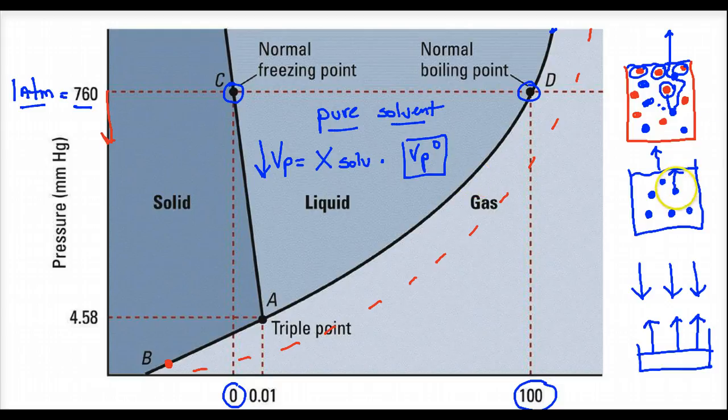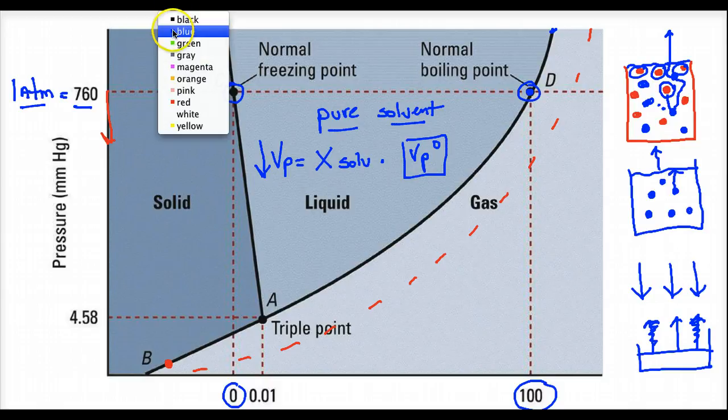Now, very important though, the vapor pressure drops, as we just denoted here. Take this vapor pressure away, you need more heat in order to boil. And if this line drops, you can see that my old boiling point was here, but my new boiling point is now right here, right at that green dot.